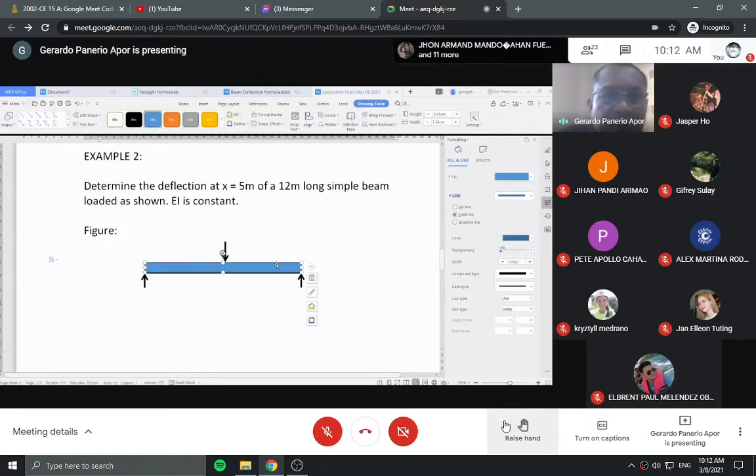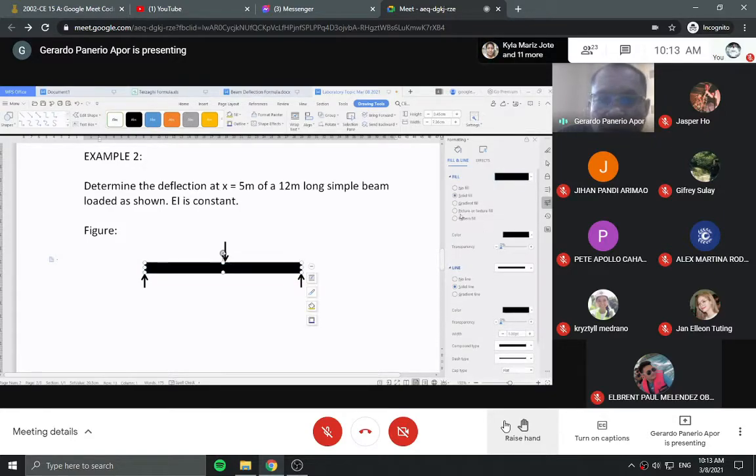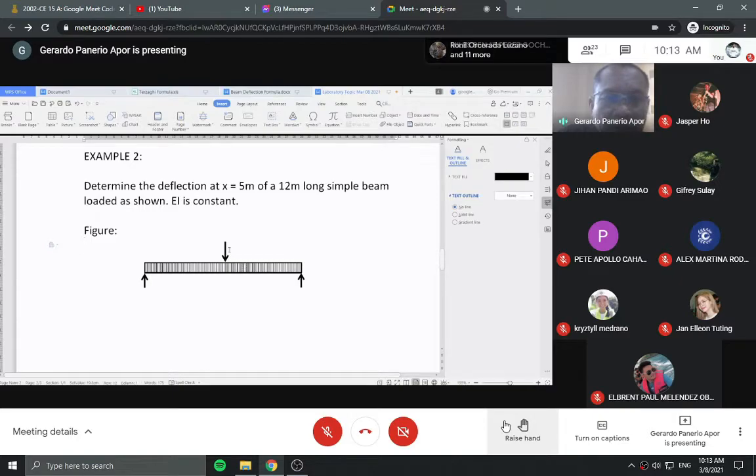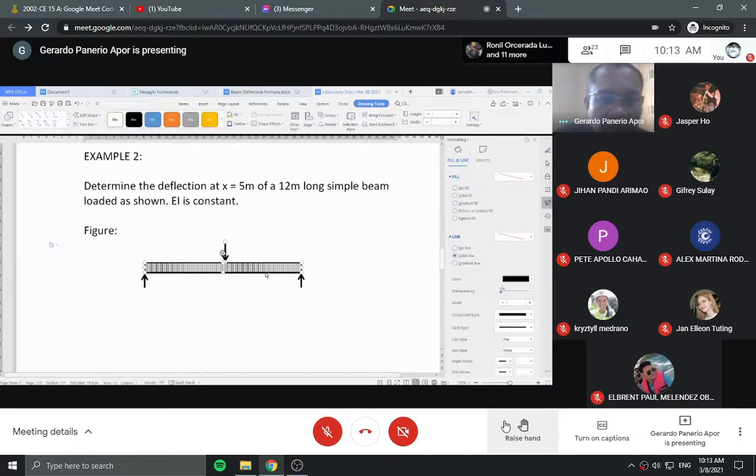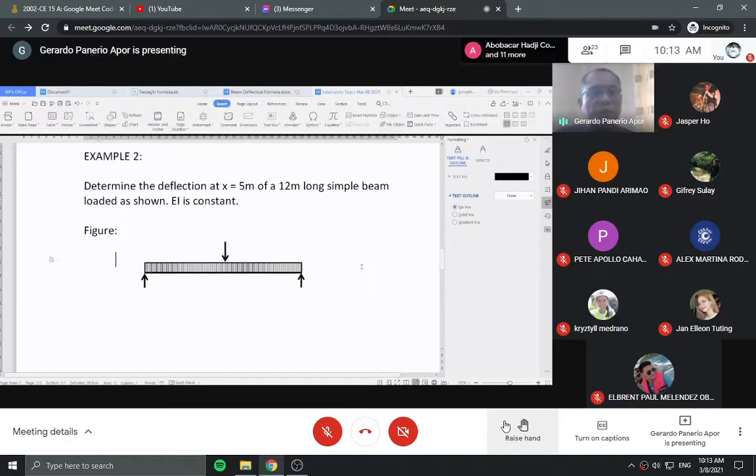And then for this one, we use a fill pattern, then group it. That's the first load, 50 kN. Now this one is 10 kN per meter.